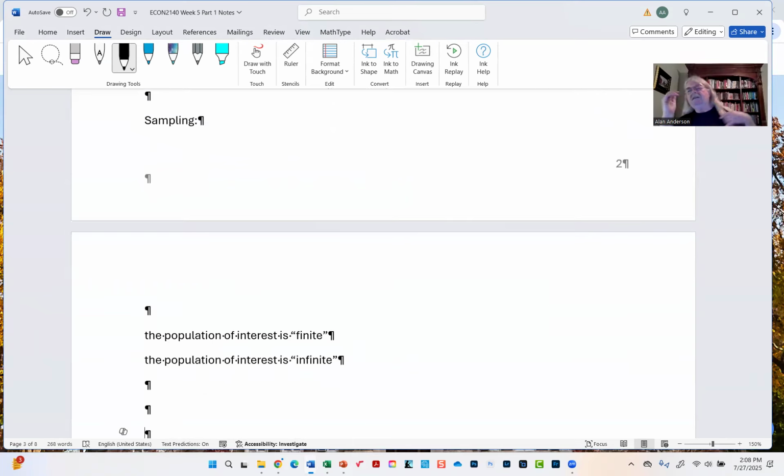Okay, now these words clearly aren't meant completely literally. What's the distinction between the two?